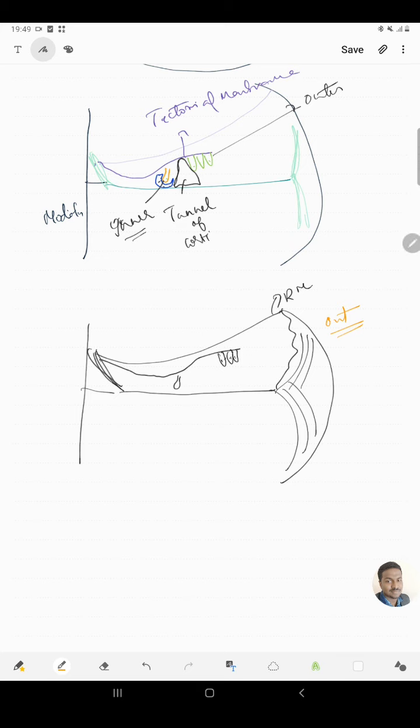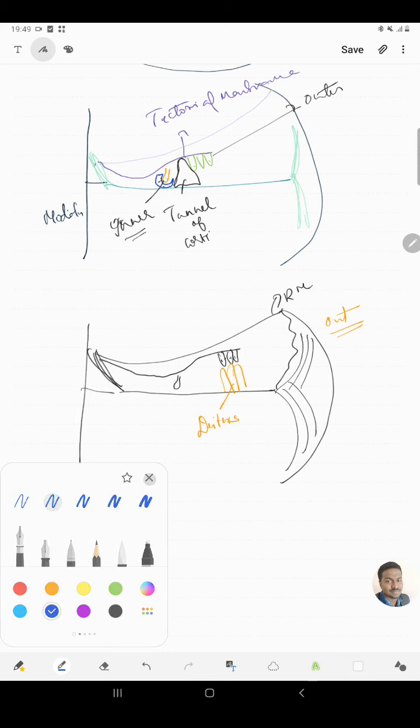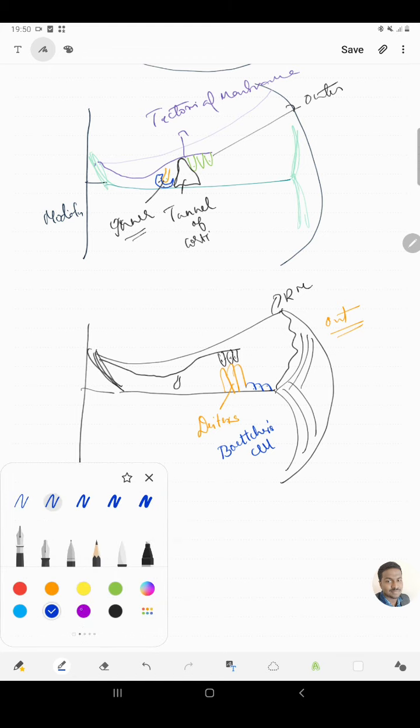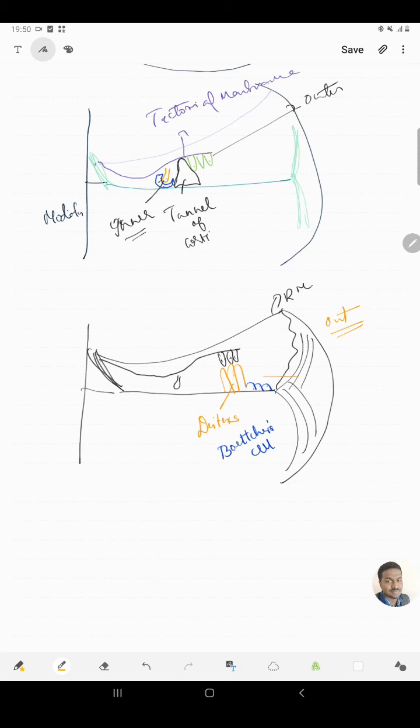First is the Deiters cell. Here will be the Deiters cell. And next is the Boettcher cell. Boettcher cell, it'll be down like this. And then it is the Claudius cells.